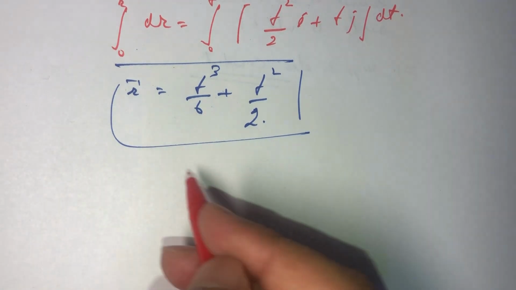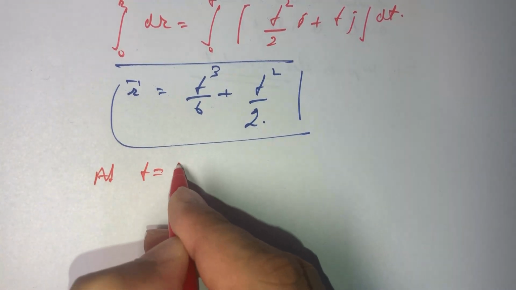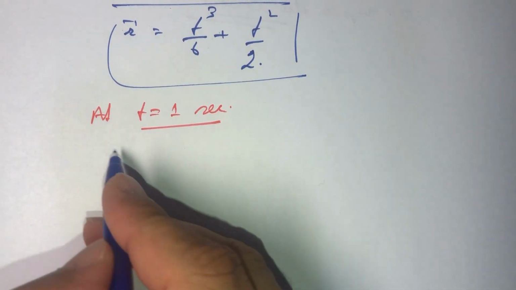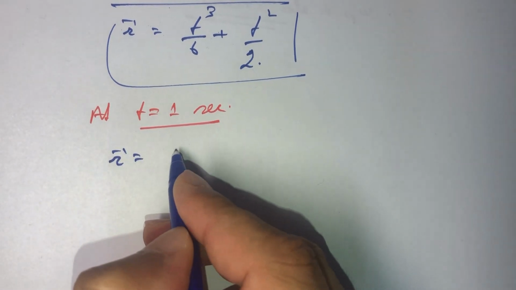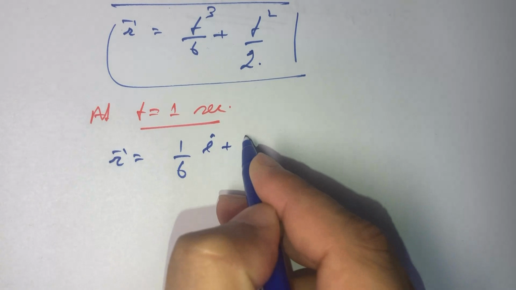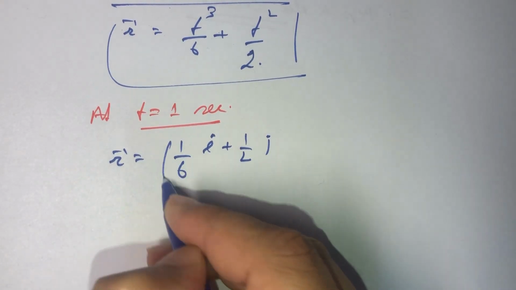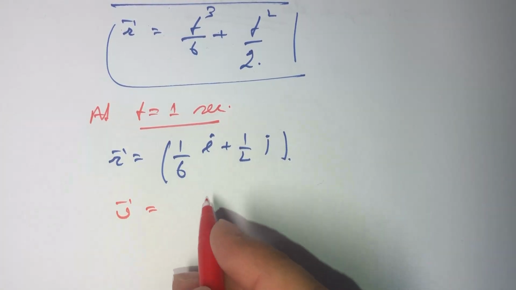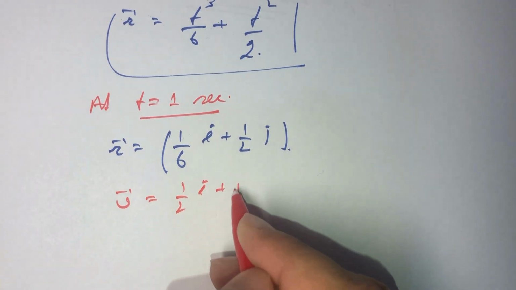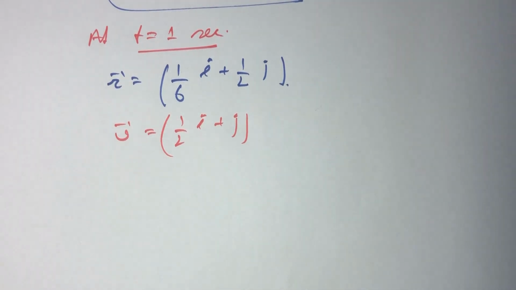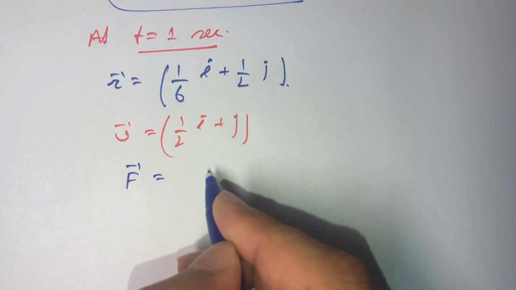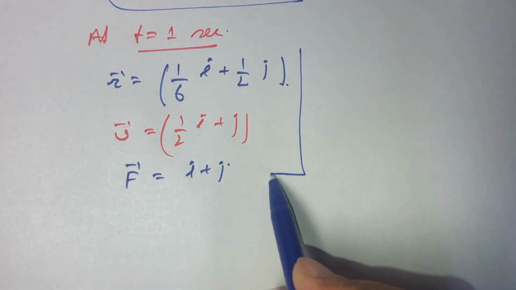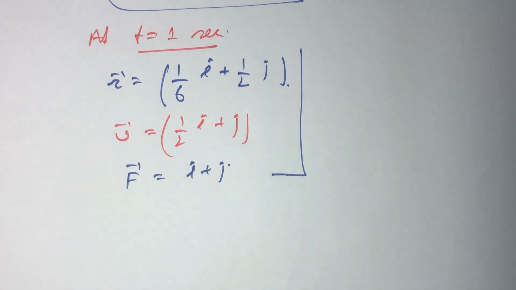So we are going to find out that at t = 1 second, our position vector r will be equal to 1/6 i + 1/2 j, and the velocity vector will be equal to 1/2 i + j, and the applied force will be equal to i + j. So these are the values at time t = 1 second.